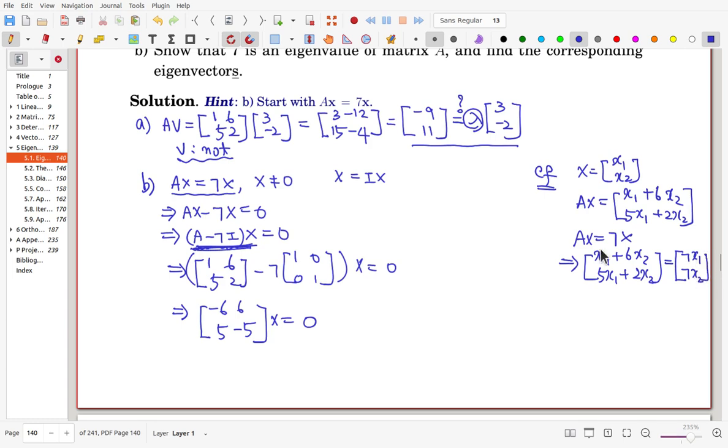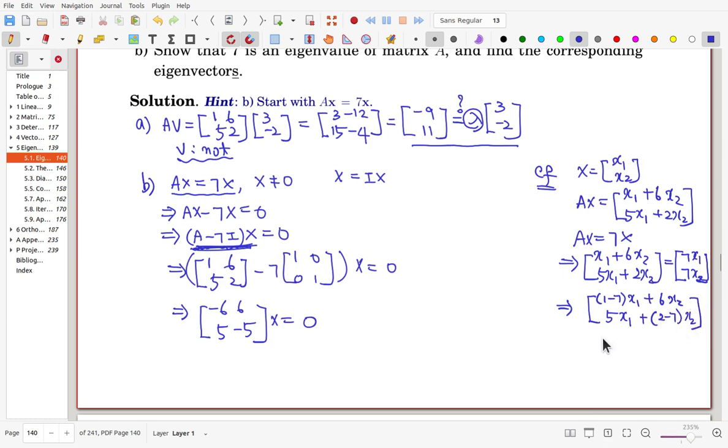So we move this one to the left hand side. Then here now 1x1 minus 7x1, so that 1 minus 7 times x1 plus 6x2, and now this is x2, 2 minus 7 times x2, 5x1 is unchanged, and that is here plus 2 minus 7 times x2.